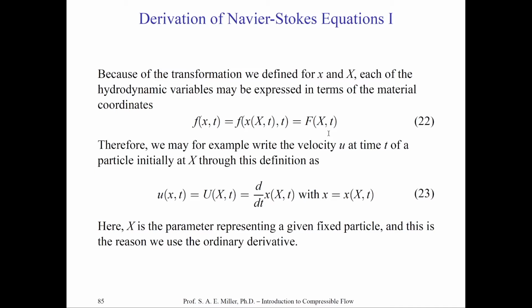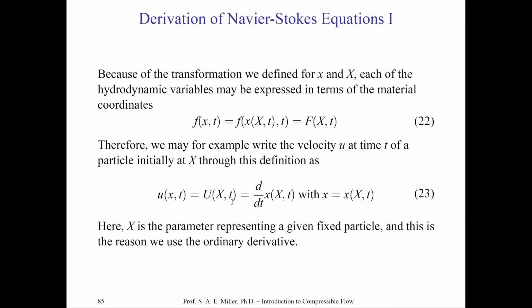So we can write, as an example, the velocity u at time t of a particle initially at x through this particular definition through a simple differentiation. Let's say instead of f, we have u, which is its particular velocity u at time t, u of x, t. You can see then, we can write big U with big X, t.